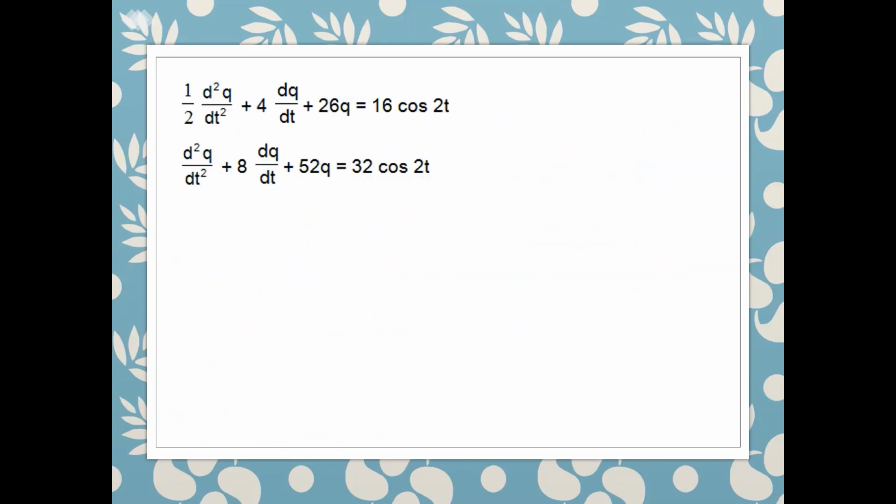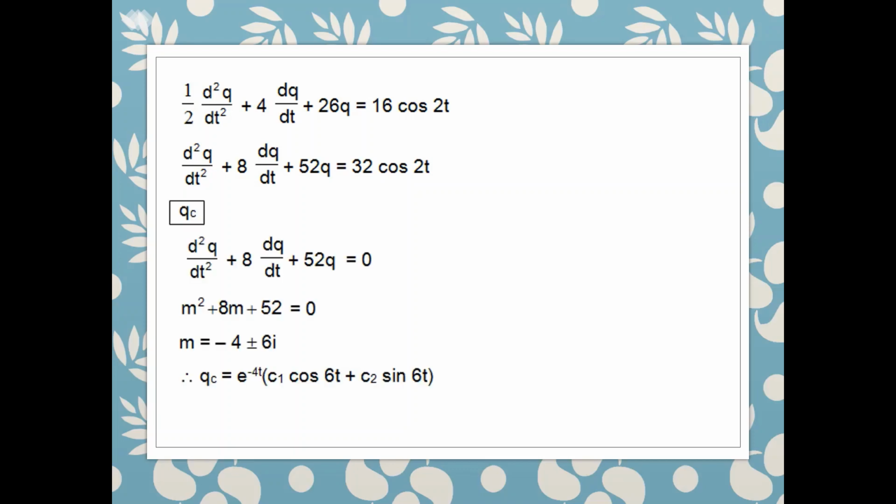Simplifying this equation, you will obtain d squared q over dt squared plus 8 dq over dt plus 52q equal to 32 cos 2t. As this is a second order linear non-homogeneous equation, you need to find the answer for the qc and qp.